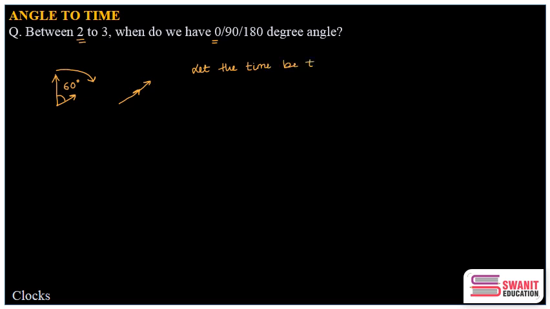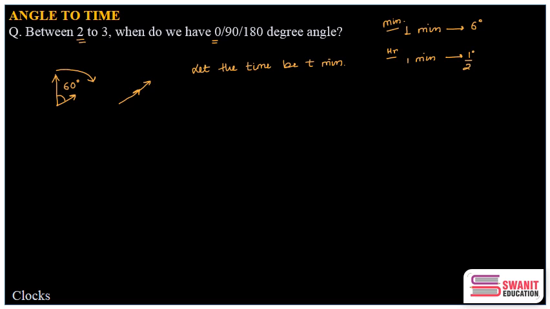From the previous video, we already know that in 1 minute, the minute hand travels 6 degrees, whereas the hour hand travels half a degree in 1 minute.